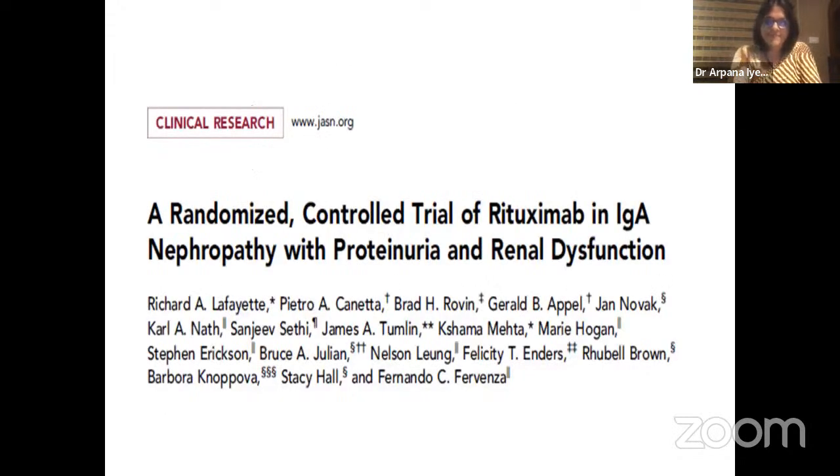But when I went through the literature and saw the evidence, whether this new drug rituximab works well in IgA nephropathy, to my surprise, when I read the whole article and put forward the results to my head of the department, I said, the p-value is not significant. Then the head of the department said, p-value is not just enough. You should look into the results in a more elaborate manner. So that's what we are going to see now.